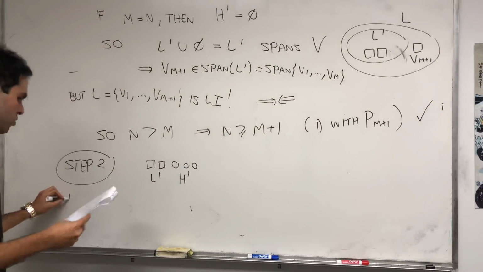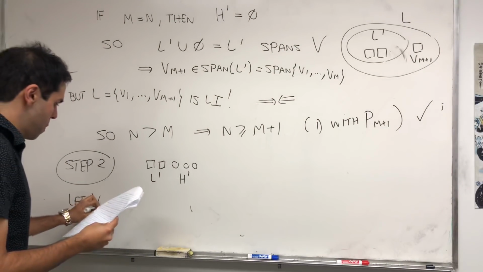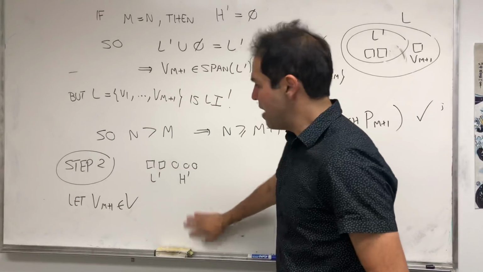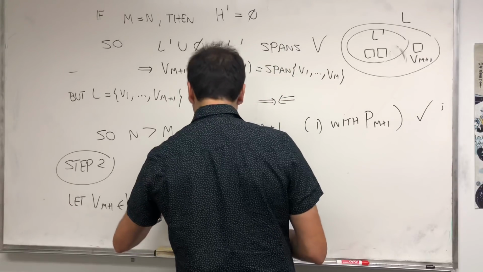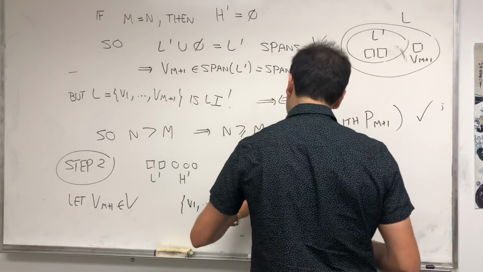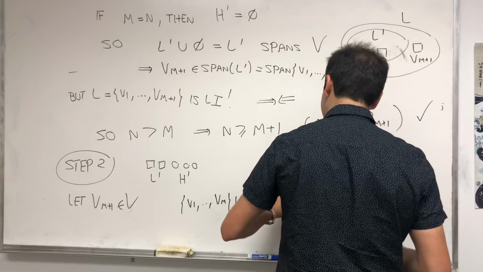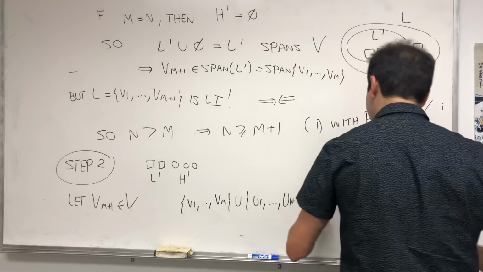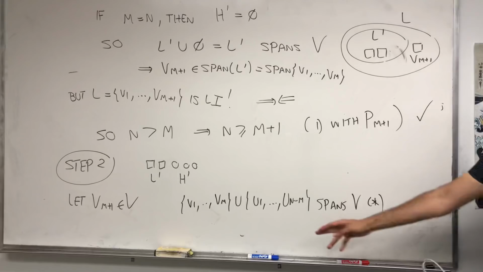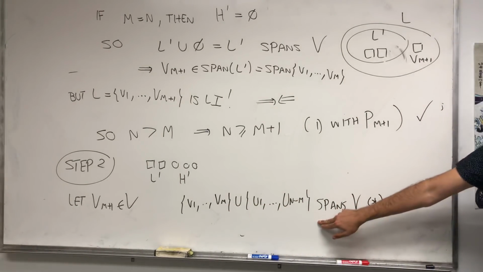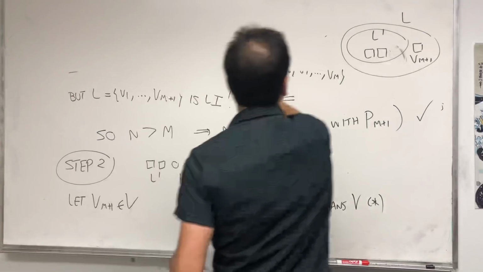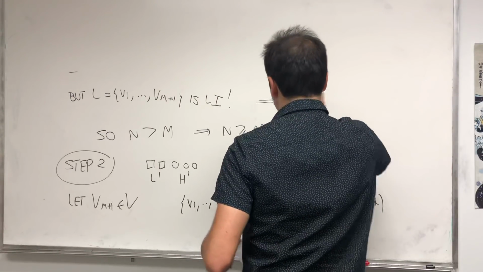So let V_{m+1} be in V. Then remember what we have: L prime union H prime, V1 up to Vm union U1 up to U_{n-m}. We know that it spans V. That was star. In particular, V_{m+1} is in that span, so you can write V_{m+1} as a linear combo of all the other vectors.